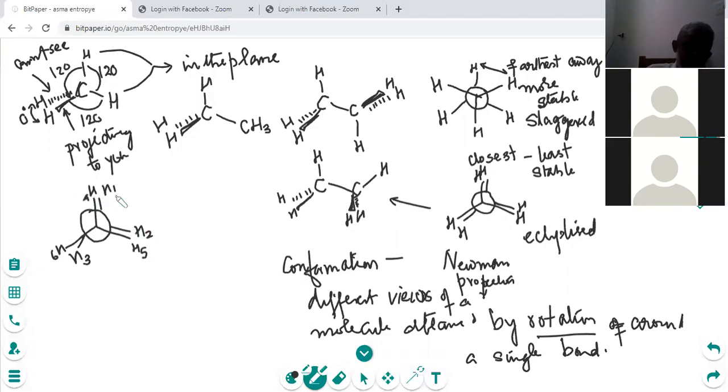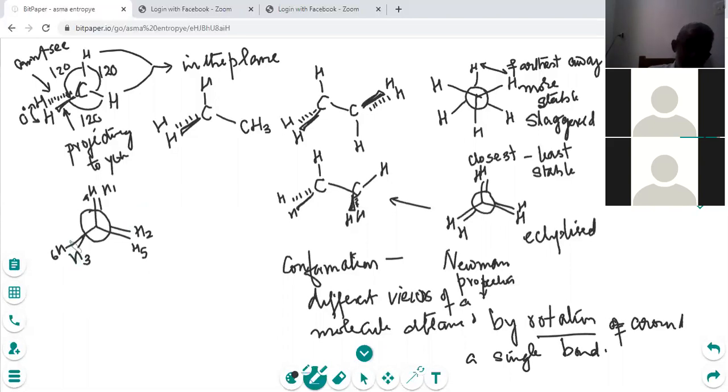Okay. Now I'm going to rotate it slowly, by 1 degree, 2 degrees, 3 degrees, 4 degrees, like that, and study the change in energy by this continuous rotation. Now I'm going to rotate which one?